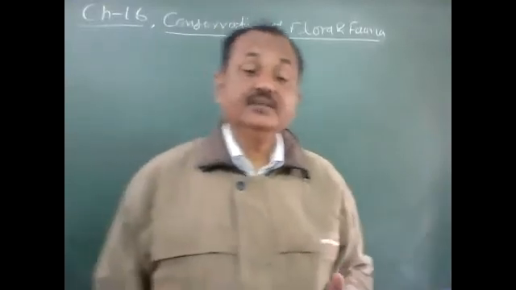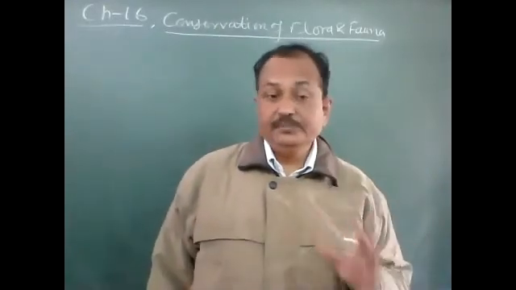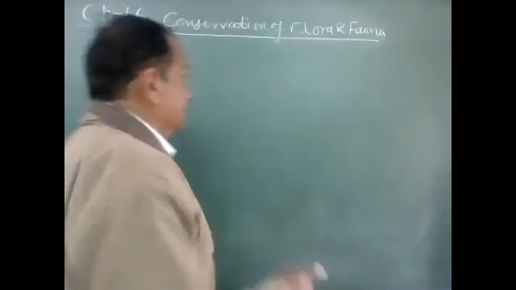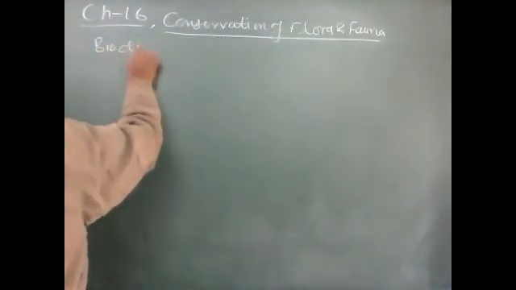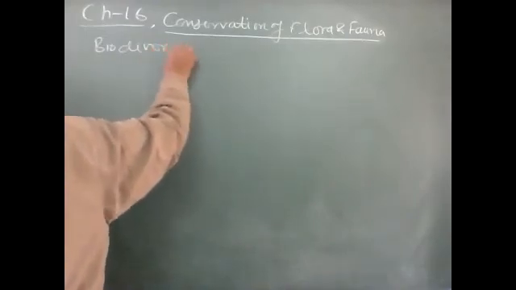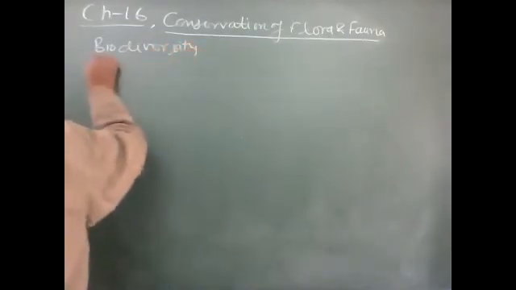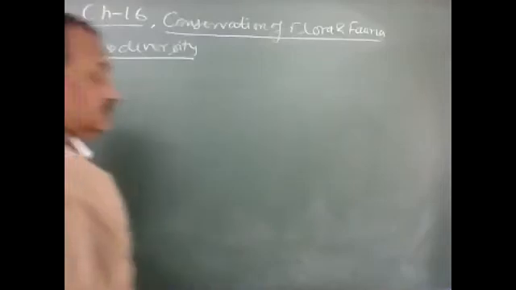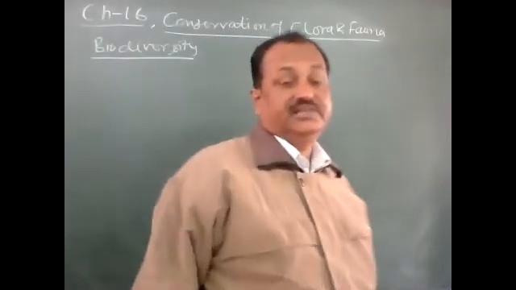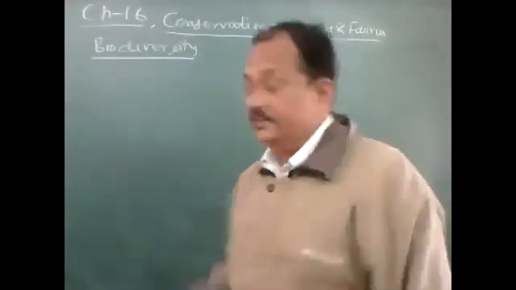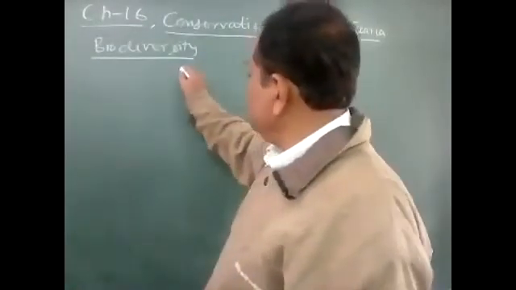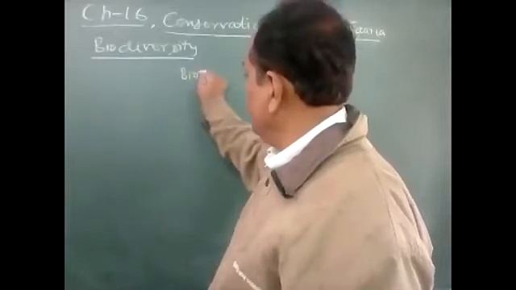Now children, next I am going to explain a very important part in this. It is biodiversity. So children, this word biodiversity is made up of two different words. First is bio.